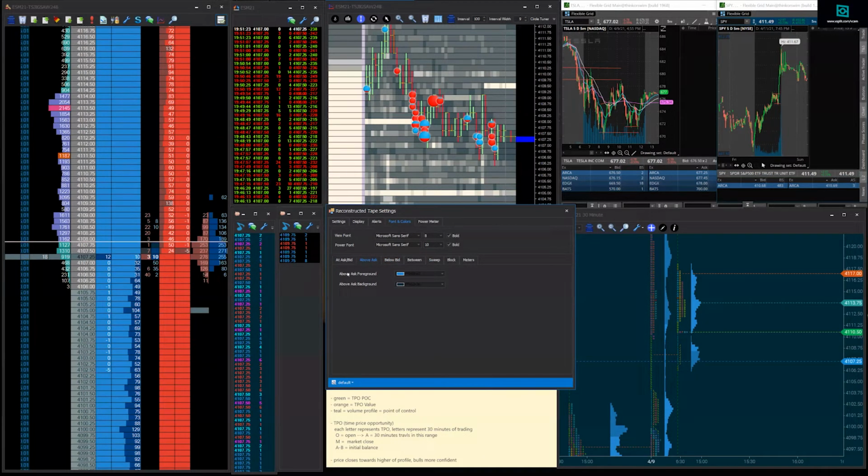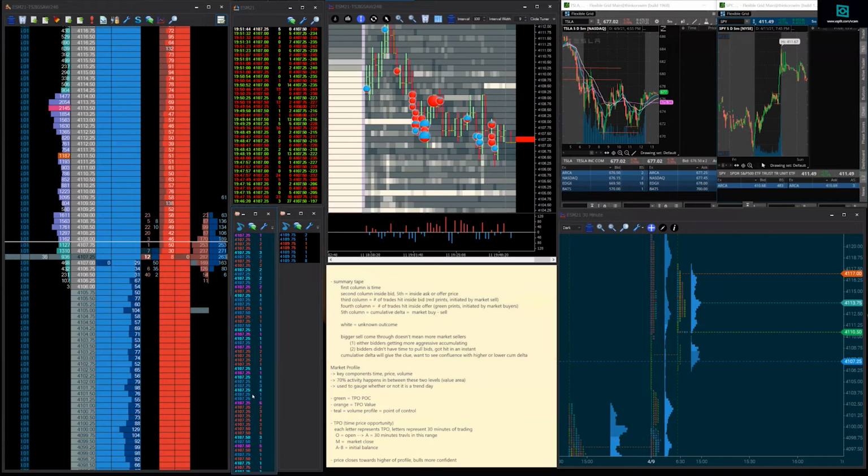Blue is going to be above the ask. Any market participant hitting the ask is always a sign of urgency. And then block orders, red and a little bit of blue. But the idea is that when you're watching the tape, you really want to see the urgency of buyers or sellers.